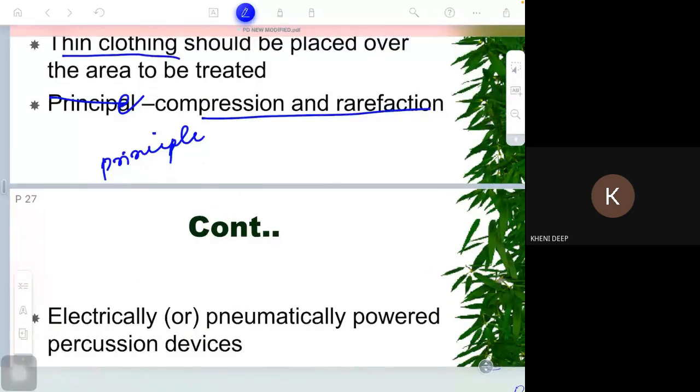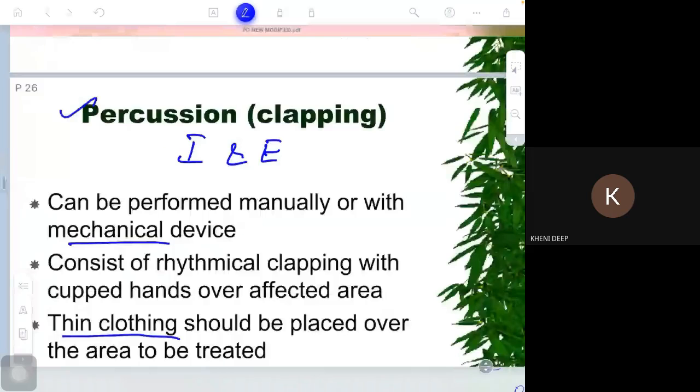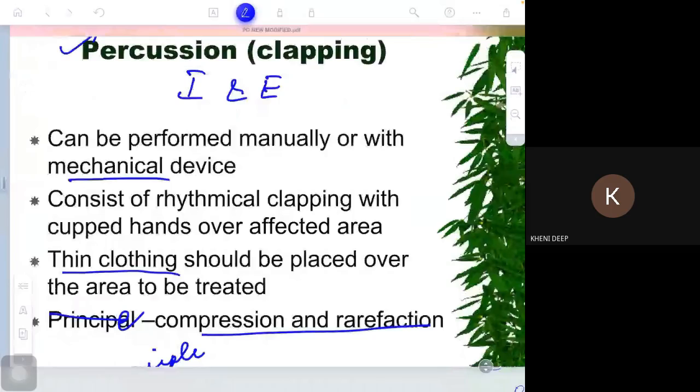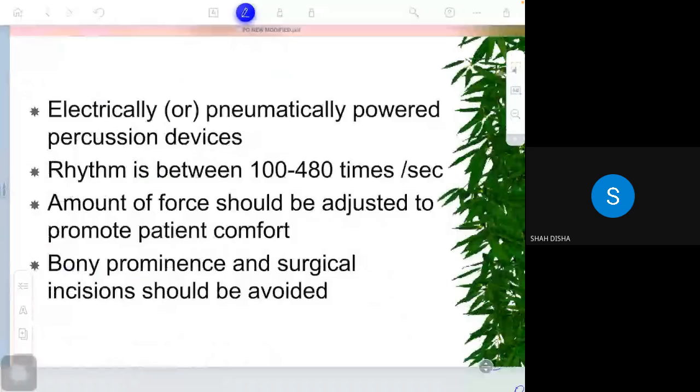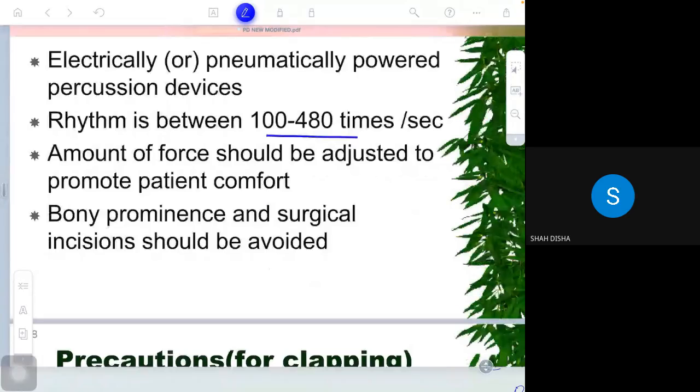Compression and rarefaction is the principle behind the percussion or clapping. And this rhythm should be between 100 to 480 times per second. Clear? This is the speed, the rate of the clapping.